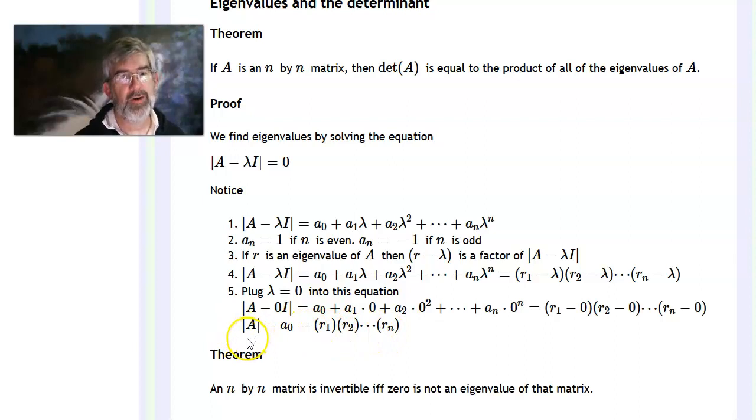And if it's non-invertible, this is 0, and you have to have a 0 as one of those factors. So it's invertible if and only if 0 is not an eigenvalue, which then puts it in that long list that we've had all quarter of the things that are equivalent to being an invertible matrix. Just one more thing to add on to that big list of the following being equivalent. So there you go, eigenvalues and determinants.